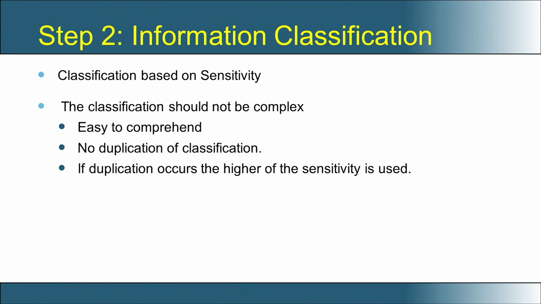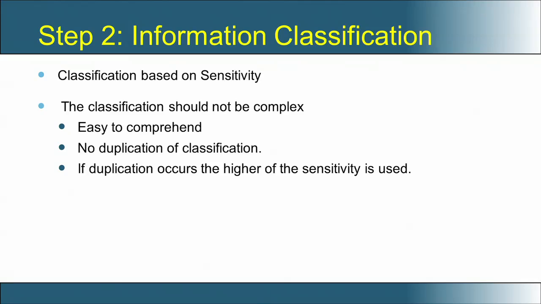Once you have decided on a framework, and we have given you some examples and some models, the next important thing is how do you classify your information assets? Naturally you classify your information assets based on security, because we are talking about information security here.